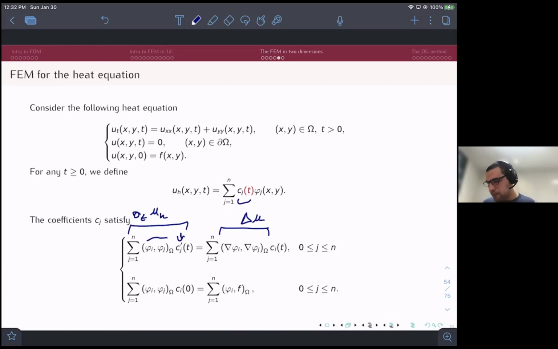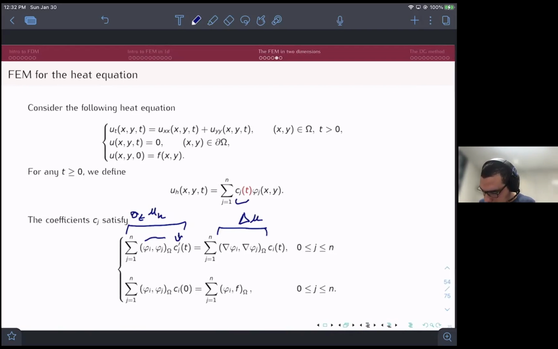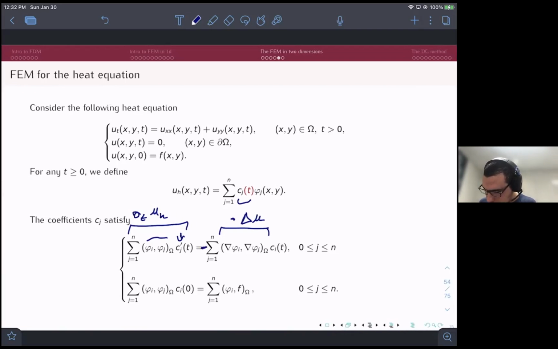delta u. Okay. There's a negative sign here. So this is negative. No, there's no negative here. Okay, cool. And then this is what I get for my initial condition.